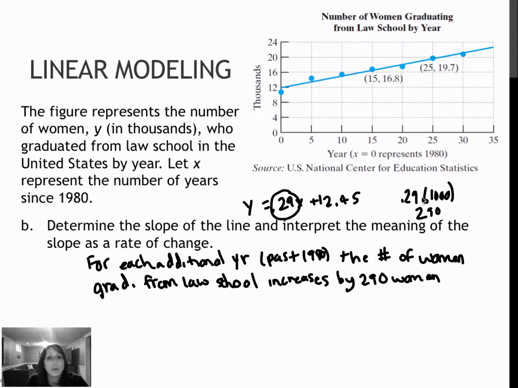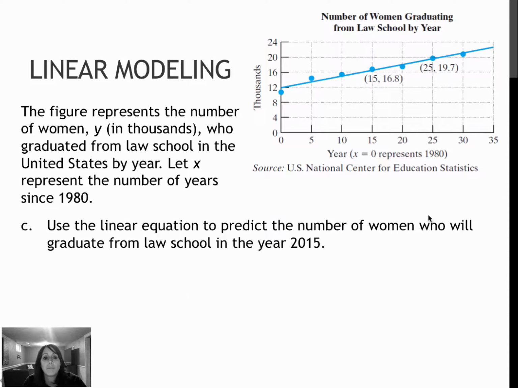Again, I didn't use the 0.29 because it wouldn't make sense since that number is in thousands, so I took that times 1,000 to find the actual value, which is really just me moving it 3 decimal places. Now they're asking me to use this to predict the number of women who will graduate from law school in the year 2015.